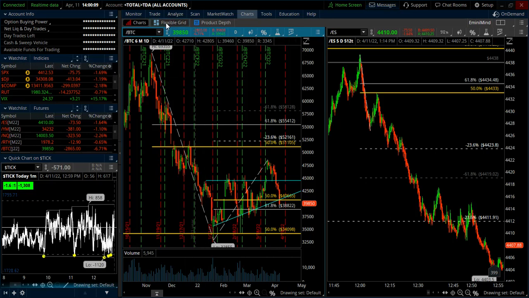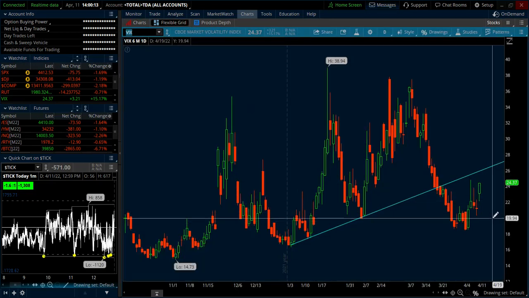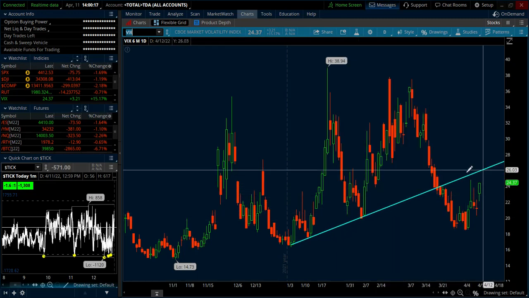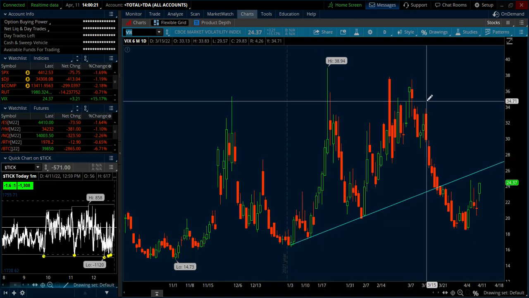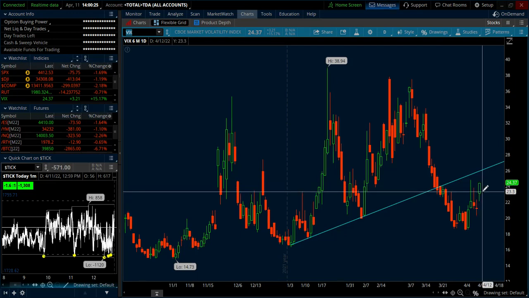And the last thing I wanted to touch on, I suppose, I lied, was the VIX, and really struggling to get back up above this trend line here. We're up in the mid 30s, which isn't crazy high, but it was certainly higher than we are now.